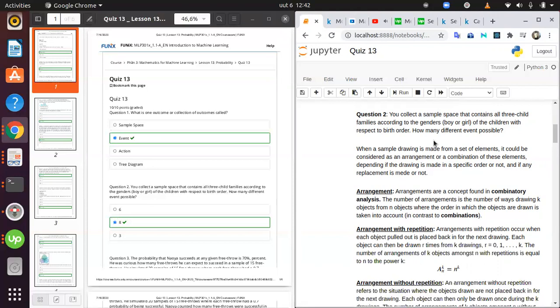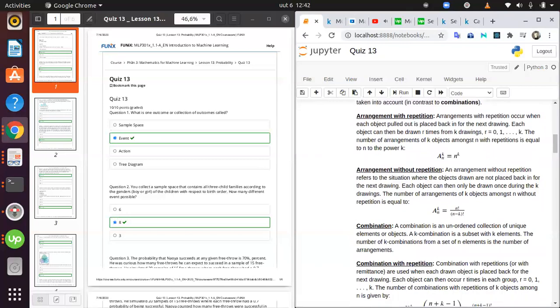When there is an order, it is an arrangement, and when there is no order, it is a combination. An arrangement could be made with repetition or without repetition, and there is a different formula for computing the number of possibilities with repetition.